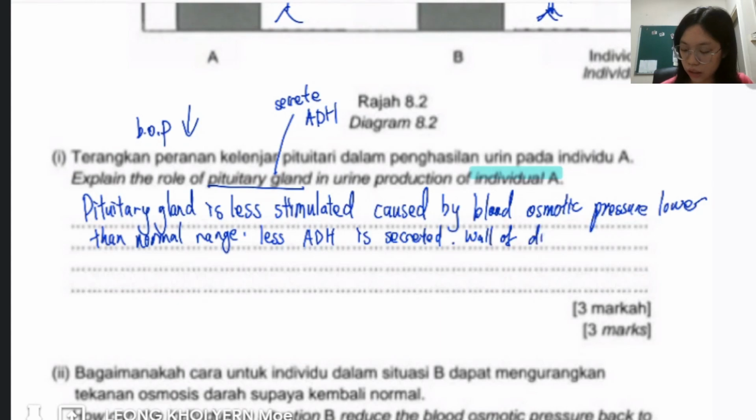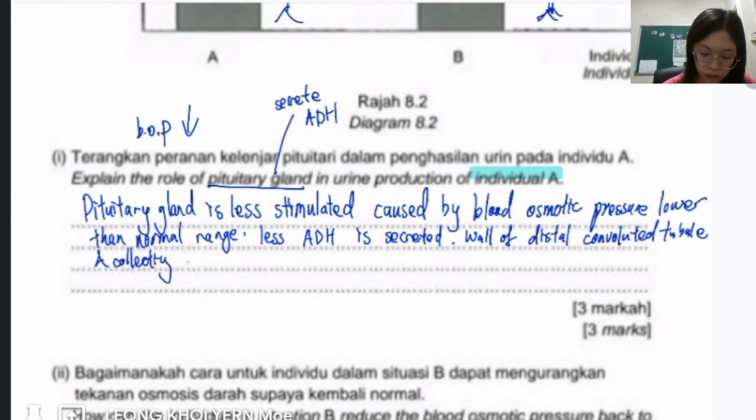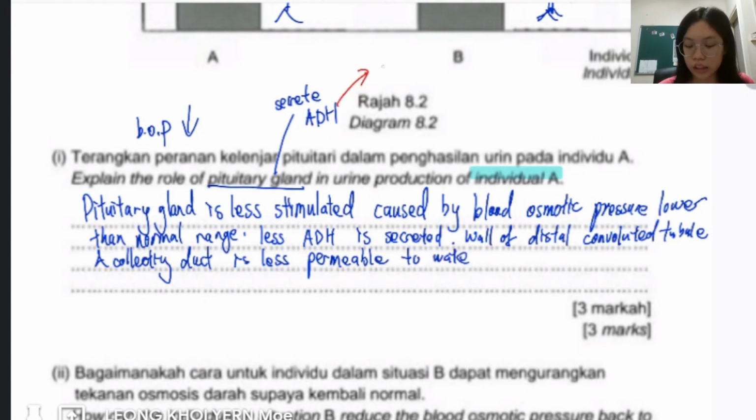So the wall of the distal convoluted tubule and collecting duct is less permeable to water, since there is less secretion of ADH. Because the function of ADH is to stimulate the reabsorption of water from the body. But now it secretes less ADH, so there will be less reabsorption of water.